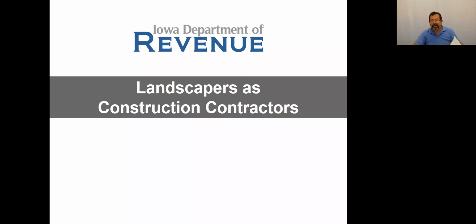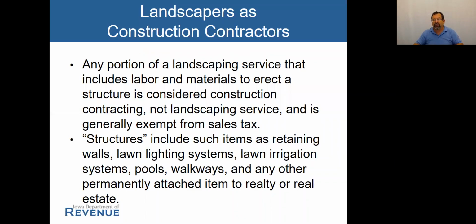There are situations where a landscaper acts as a construction contractor. So any portion of a landscaping service that includes labor and materials to erect a structure is considered a construction contract and not landscaping service, and is generally exempt from sales tax.